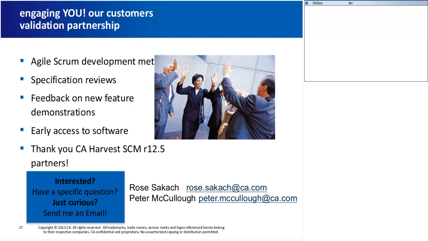You'll have an opportunity to join some end-of-sprint review meetings. We cycle through development phases in 4-week sprints with Harvest, and so we're looking for customer review, customer feedback, customer comment at the end of those sprints.